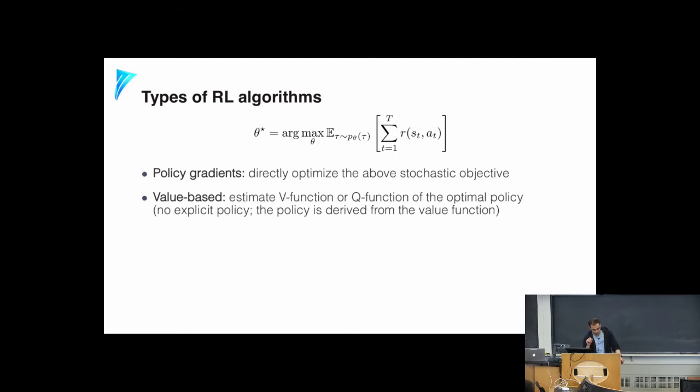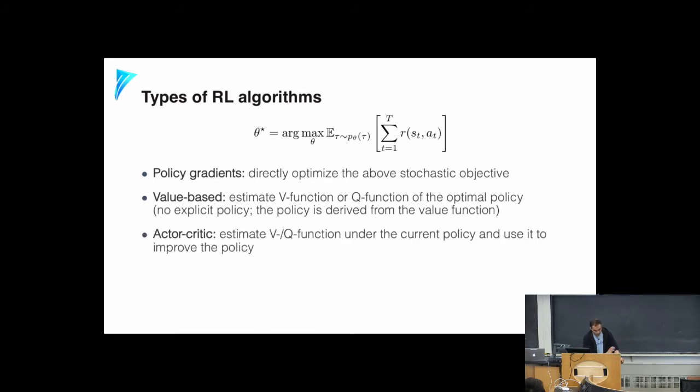If we have the optimal Q function, remember that we can derive the optimal policy from it in the MDP by just acting greedily with respect to the Q function. So these methods target that.